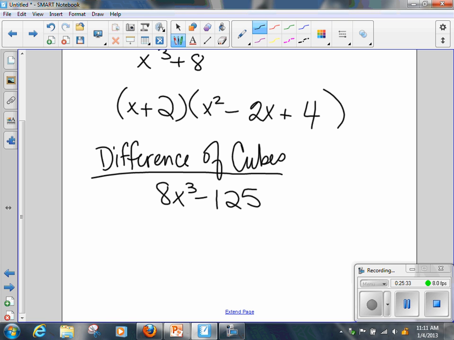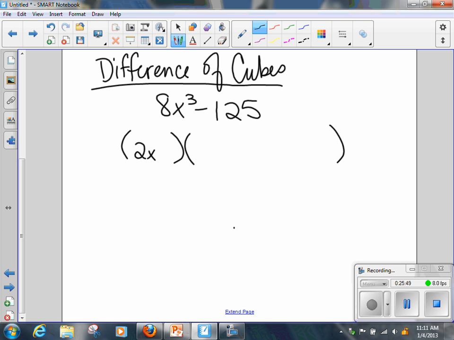All right, you ready for this? Same thing. Binomial times a trinomial. Ready? What's the cube root of 8x cubed? 2x. What's the cube root of 125? 5. 5 times 5 is 25, times 5 is 125.